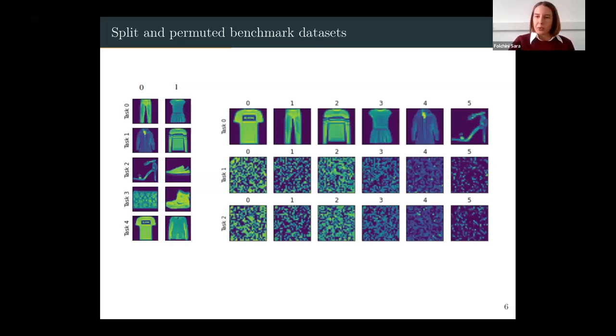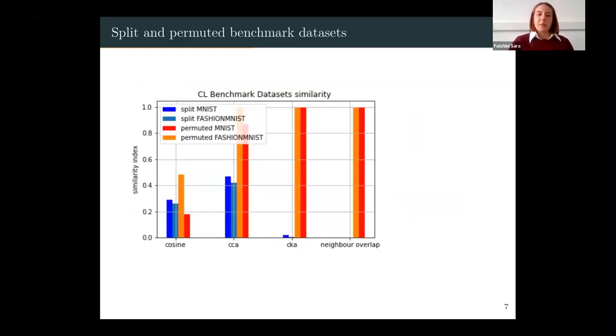I'm sure most of you will already know this benchmark, but I want to stress that if I apply different similarity measures to the images of the same class among the different tasks, for example, CKA is a measure that is orthogonal invariant. So it is one when the two images are only rotated, which is the case of the permuted dataset, and is zero when a rotation doesn't match the two images.